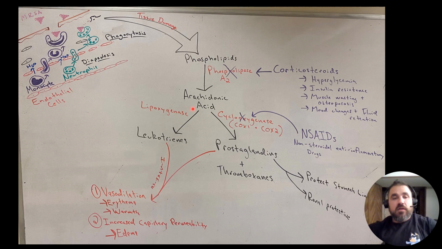Okay, and then that's what creates the cardinal signs of inflammation. Cardinal signs of inflammation are redness, warmth, swelling, pain, and loss of function, if you want to go through all of them. So we usually say erythema, there's redness or discoloration, there's warmth, it's warm to the touch, put your hand, it's warm, and then edema, which is swelling, right?